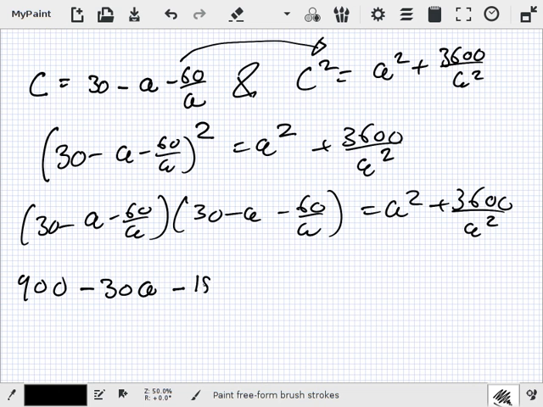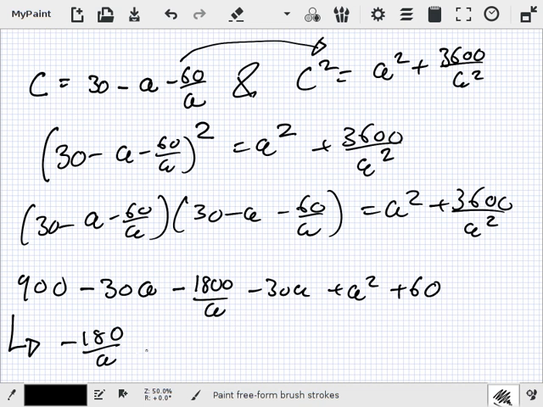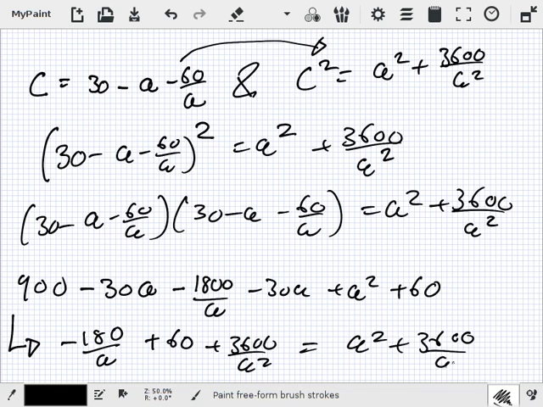Yeah. Over A. Right. Minus 30A plus A squared. Minus A by that's 60. I need to go on to the next line, I'm afraid. Minus 180 over A plus 60 plus 3600 over A squared equals A squared plus 3600 over A squared.